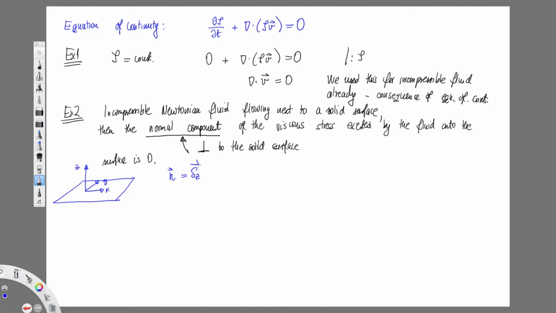Doesn't have to be, okay? So that means that if I have shear stress tau, then tau zz is the normal component of the viscous stress tensor on this surface, okay? So this component of stress is normal to the surface.